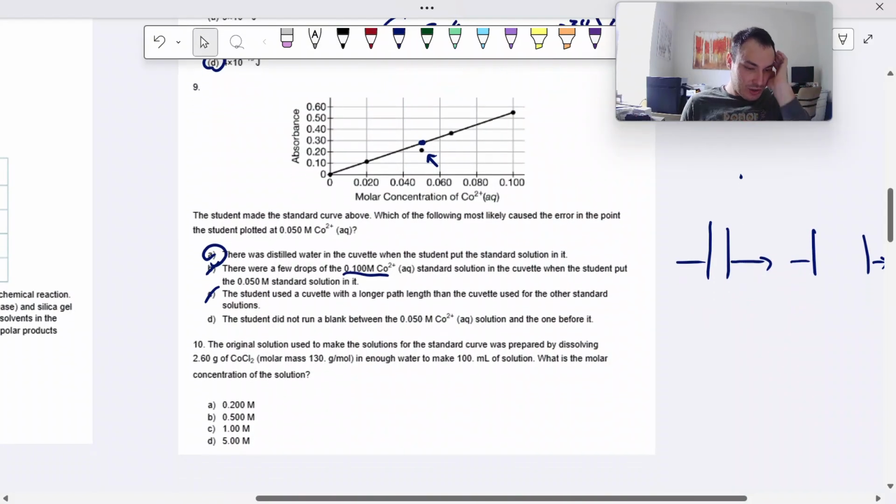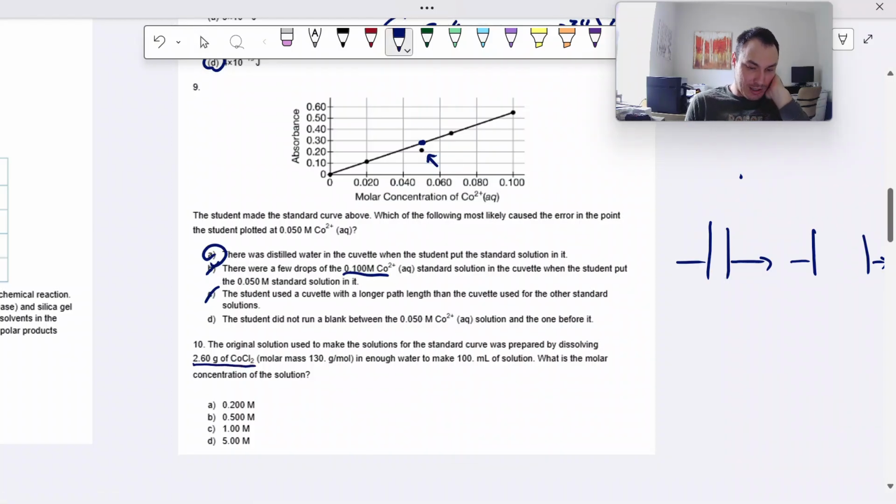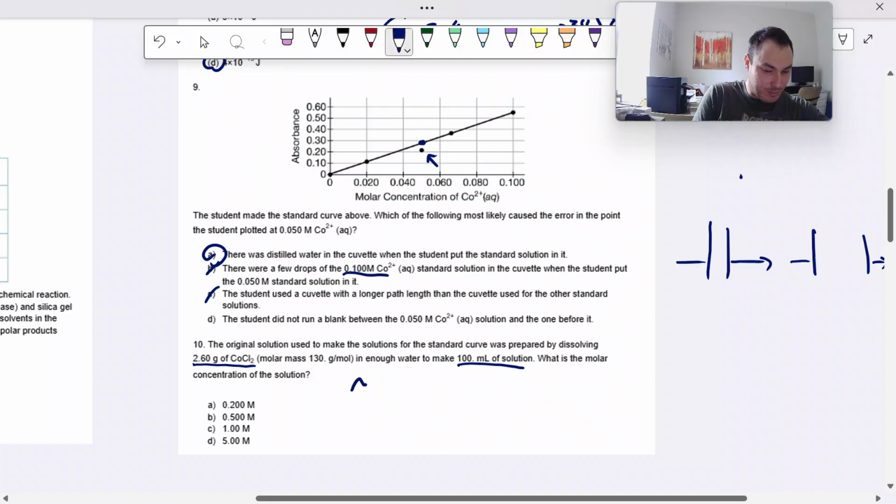The original solution used to make the solutions for the standard curve was prepared by dissolving 2.6 grams of cobalt-2 chloride in enough water to make 100 milliliter solution. What is the molar concentration of the solution? So this is just molarity. Molarity equals moles over liters. We need to get to moles. We have 2.60 grams.